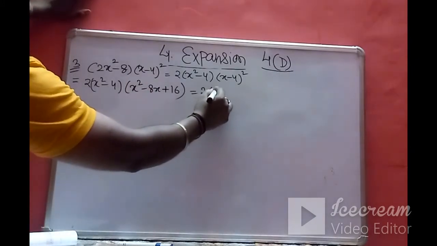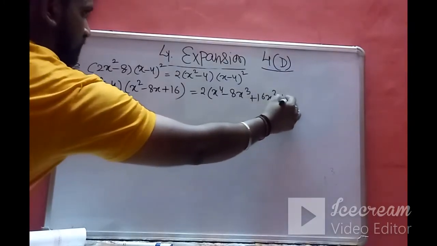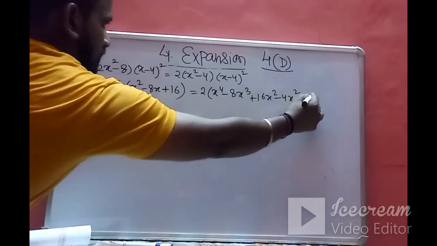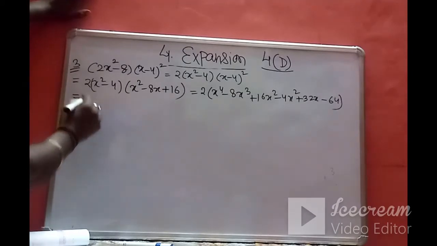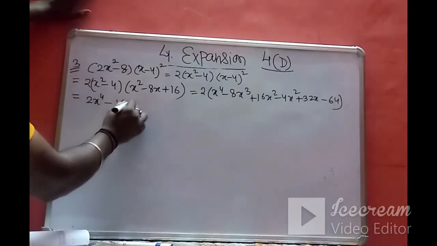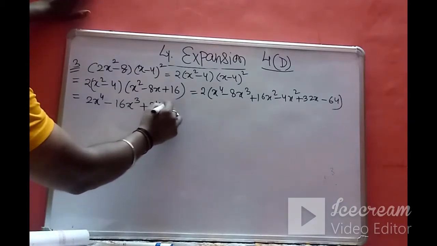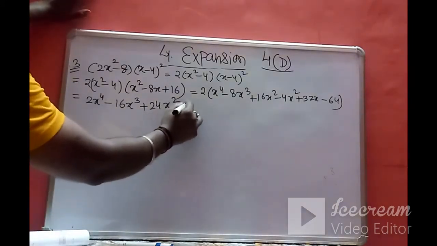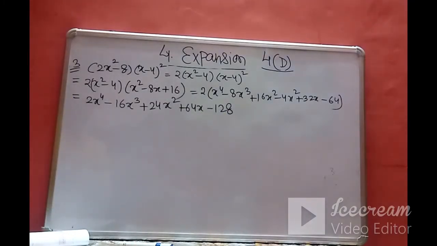We will get 2 into x to the power 4 minus 8x cube plus 16x square minus 4x square plus 32x minus 64. So finally our expression becomes 2x to the power 4 minus 16x cube, then 24x square, then 64x minus 128. Okay, so finally this expression is reduced to this form.